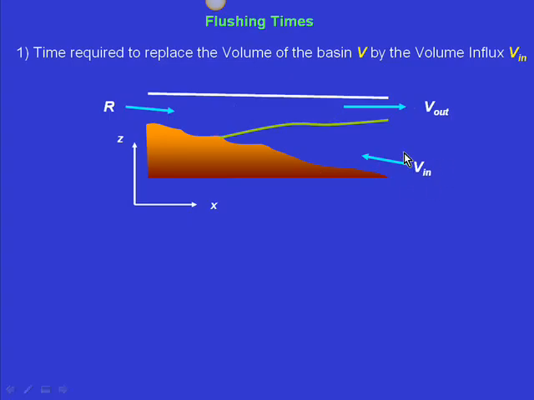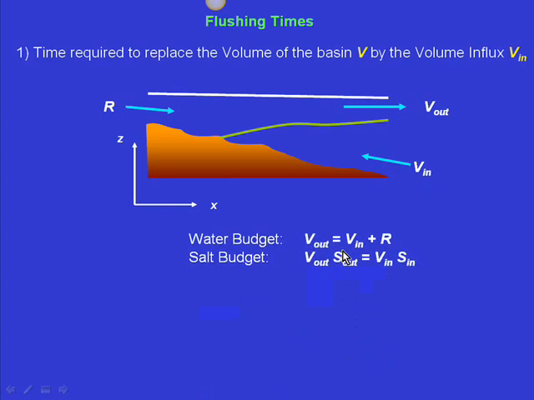So is there an easy way of determining that value? No? Well, it isn't easy, but it is at the same time. If you use those budgets, you use a bulk water budget, where the volume of water going out equals the sum of the volume of water coming in, so the river discharge plus the volume in equals the volume out.